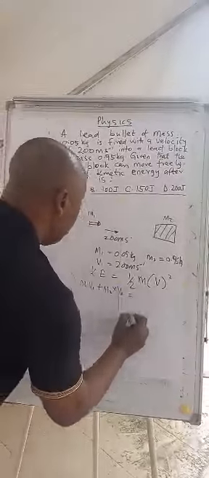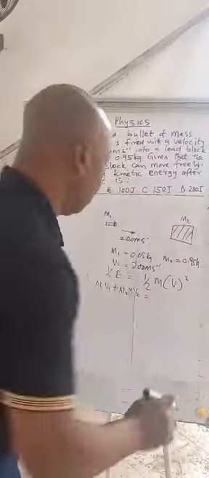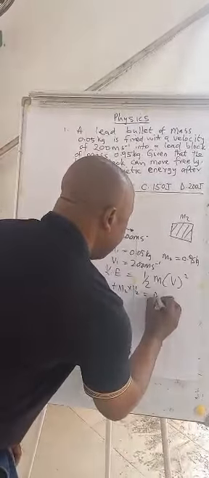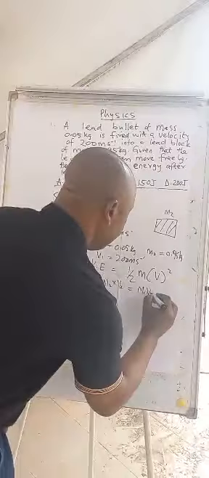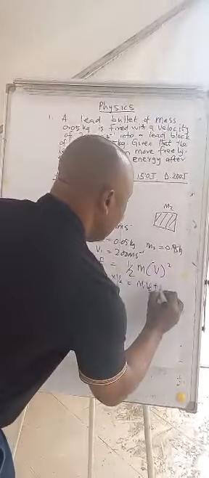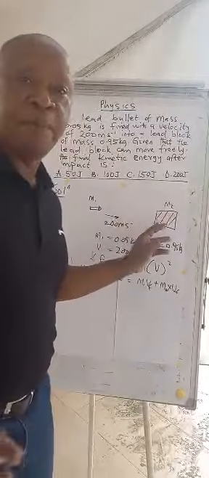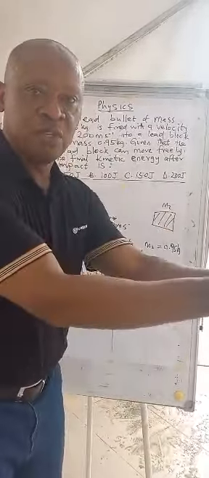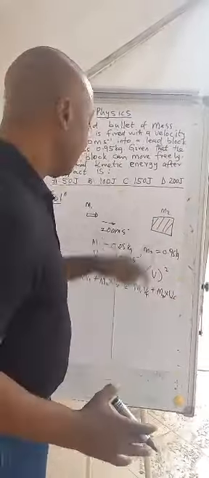And that will be equal to M1 times the final velocity Vf, plus M2 times Vf, because after the impact, both of them travel with the same velocity. Remember that M2 is free to move after the impact.